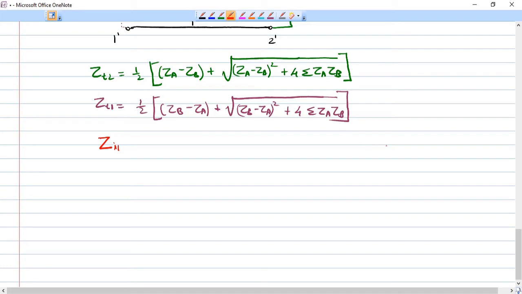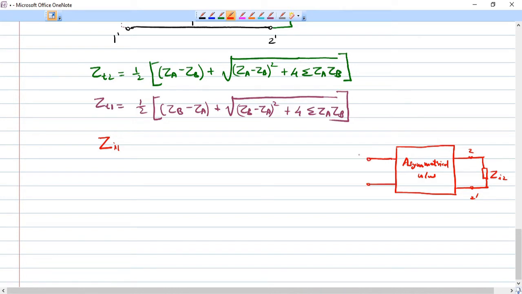So we have the asymmetrical network to which we are attaching its image impedance ZI2, okay, to the output port 2 and you look at this asymmetrical network from the input side, that is from 1 terminal, you will get its image impedance ZI1.